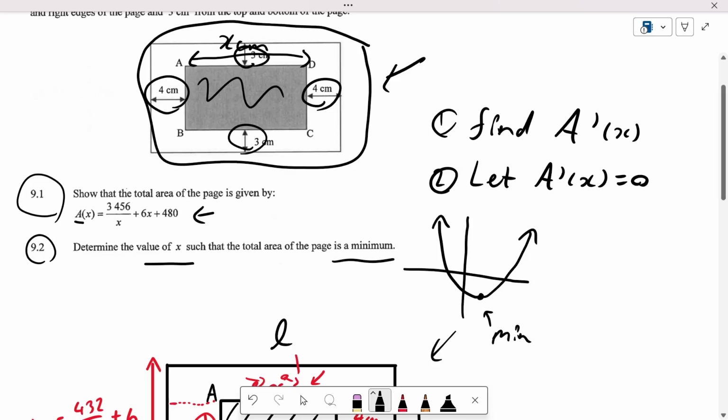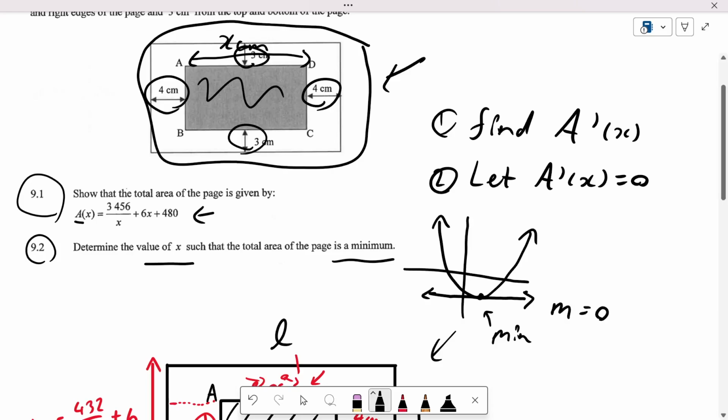And if you can remember from your lessons, your teacher would normally draw a tangent line that touches this point right here. Only one point. Remember, it's a tangent line, so it only intersects with one point on a function. It's not a secant, because a secant will intersect with 2 points. So if we draw a tangent line at the minimum, we will get a horizontal line. And what do we know about the horizontal line? The gradient will be equal to 0.